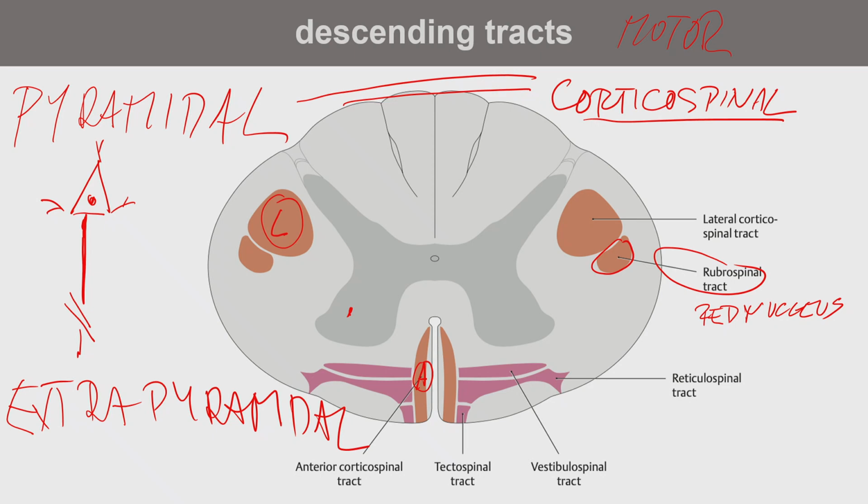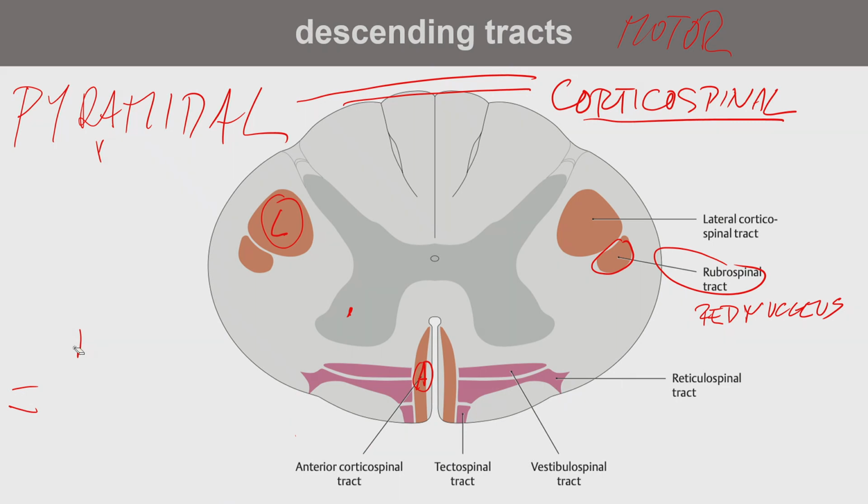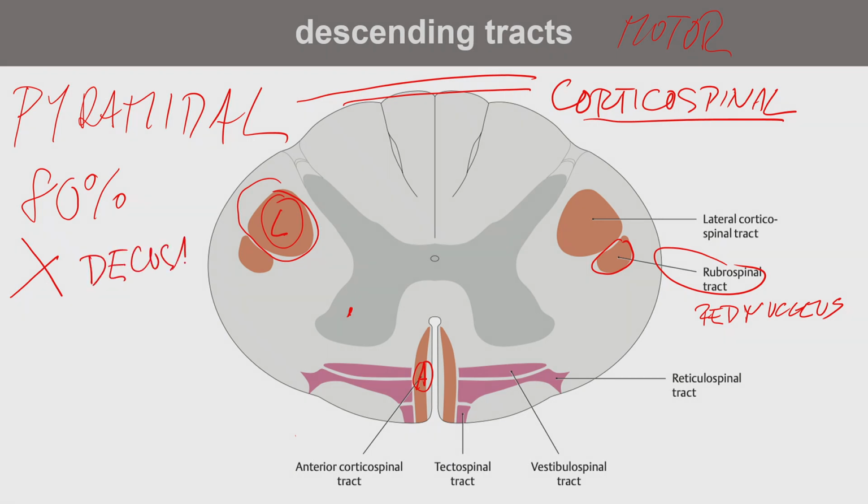About those pyramidal corticospinal tracts, we have an important thing, which is that this lateral one is about 80% of all corticospinal fibers, which are crossed in the decussatio pyramidum at the level of the medulla oblongata.